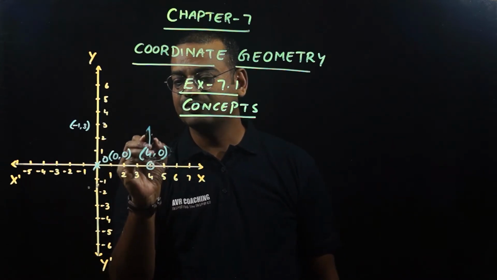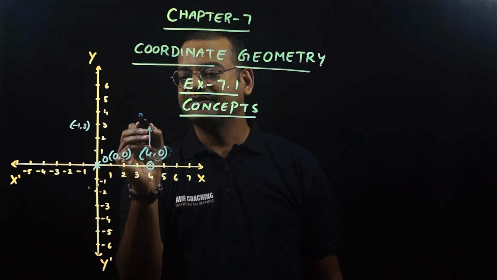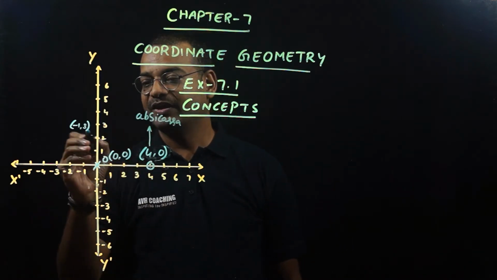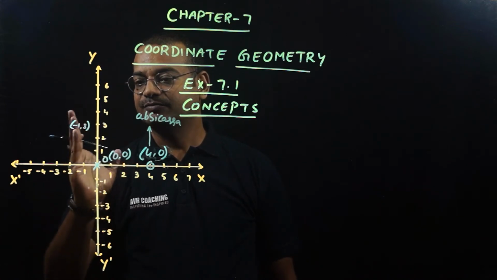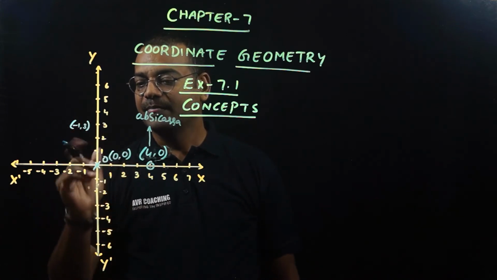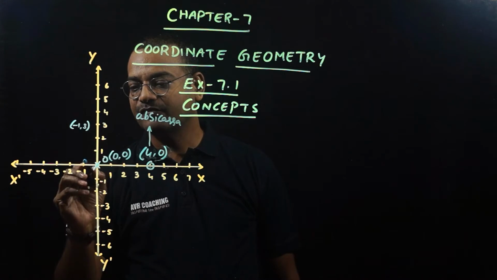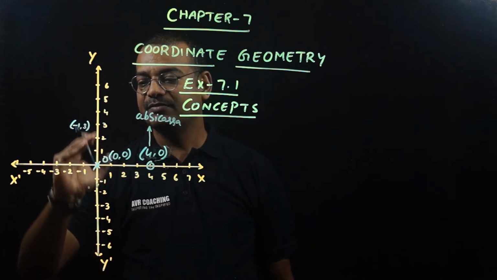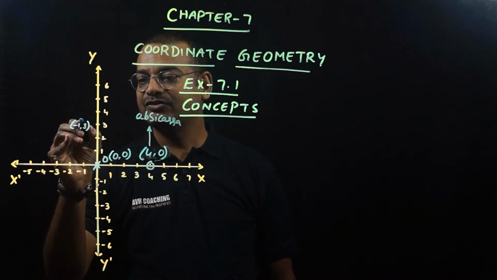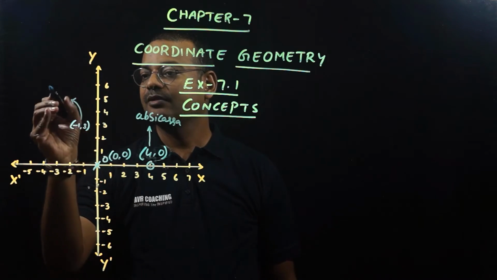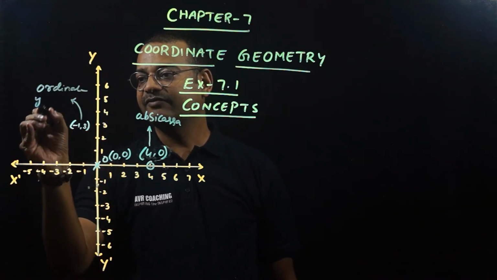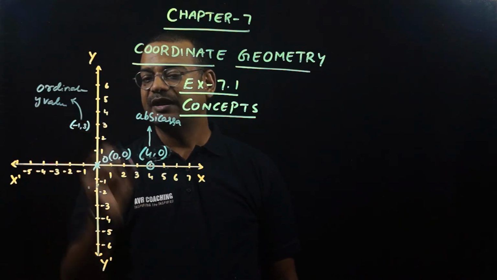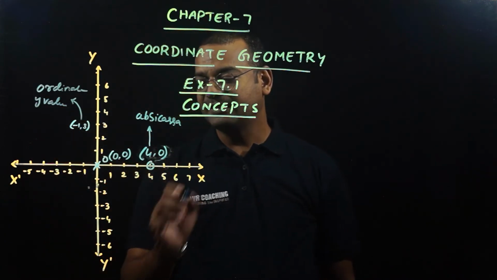So this value is called abscissa. Now for -1, 3, this value 3 is at a distance of 3 from x-axis, and this value is called ordinate. Ordinate always represents the y value and abscissa always represents the x value.